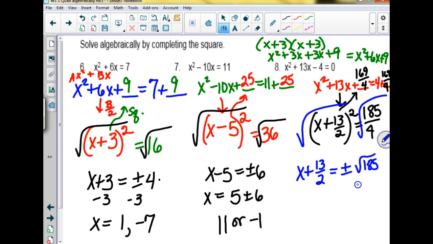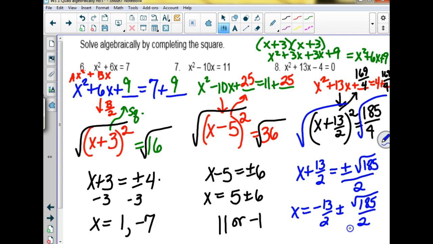The bottom is square root of 4. What's square root of 4? 2, which is really nice because remember there's also a dumb rule about you can't have a radical in the denominator, and this one doesn't. Now, let's subtract the 13 halves over to the other side, so we'll have a negative 13 halves plus or minus the square root of 185 over 2.